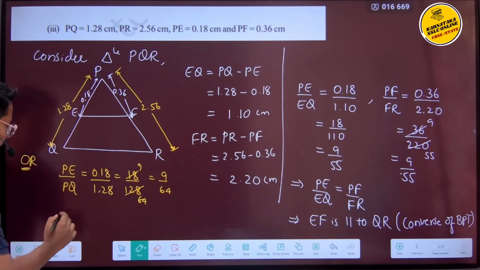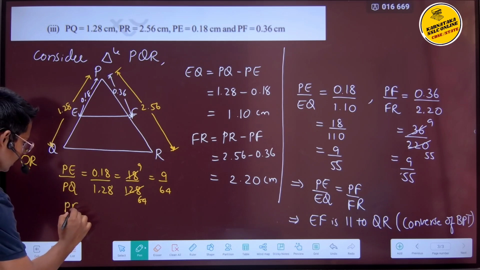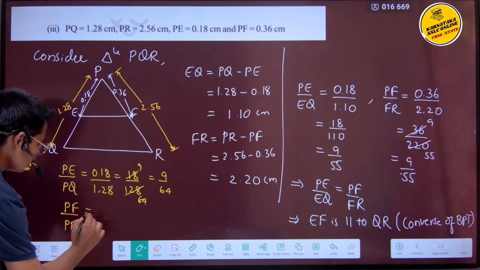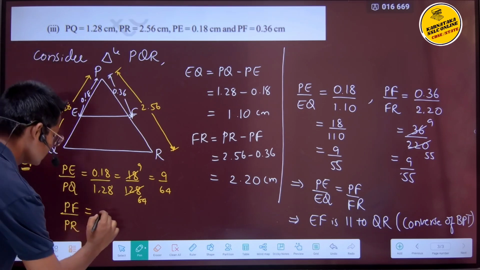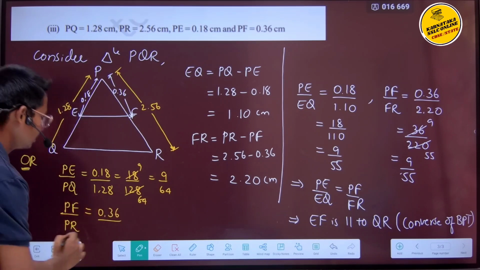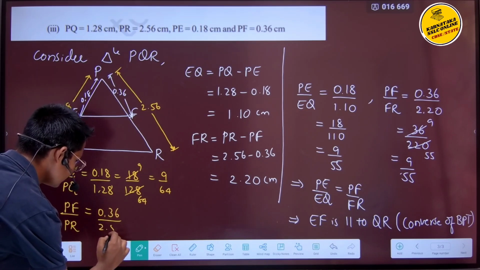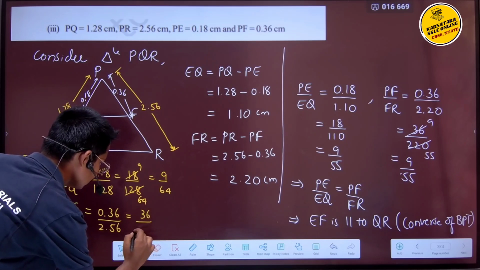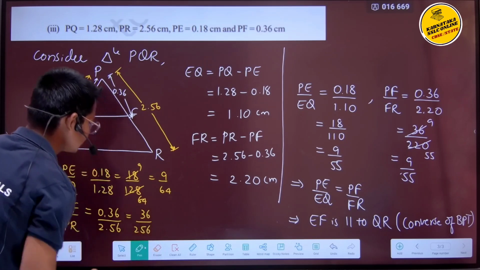Similarly, I'll do the same thing on the other side. PF by PR. What is PF? It is 0.36. And PR is 2.56. So shall I write simply 36 by 256?